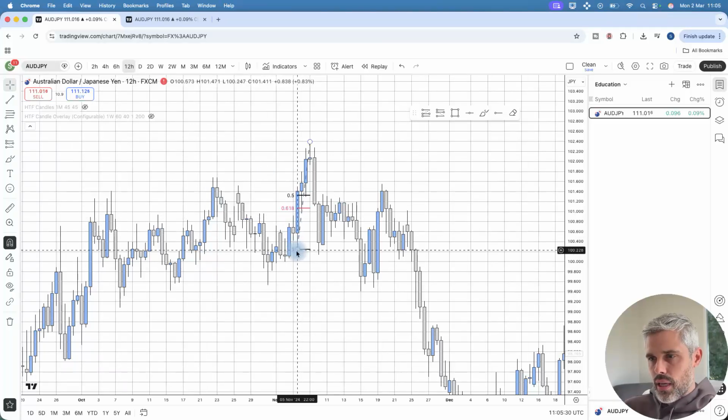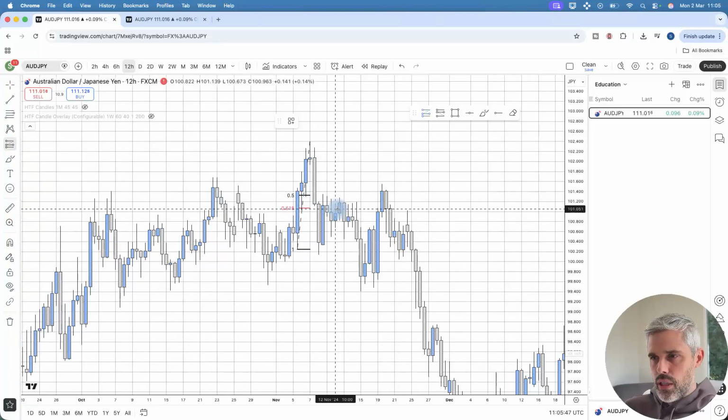So we have this sell to buy, and we can mark that with a Fibonacci level to say, this is the retracement. We have our 0.5 level into our discount and our 0.618 level where we can start to think about entries. So let's just assume that you were looking for a continuation here.